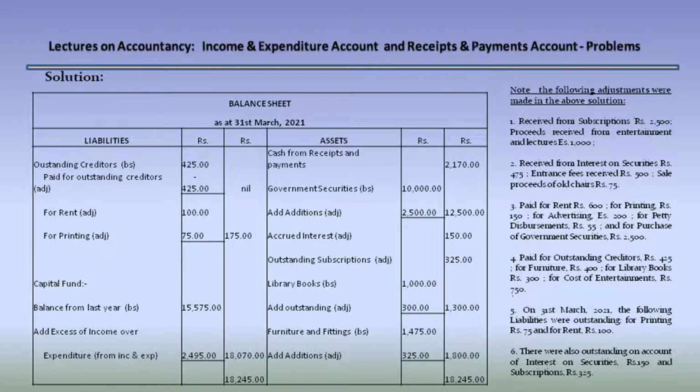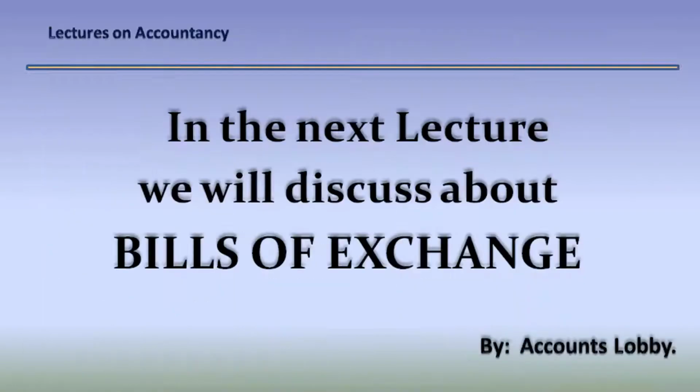Furniture and fittings from the opening balance sheet 1,475, add additions from the adjustments 325. Total of assets is coming to 18,245 and the total of liabilities is 18,245. This is how we need to prepare the balance sheet. In the next lecture, we will discuss bills of exchange.